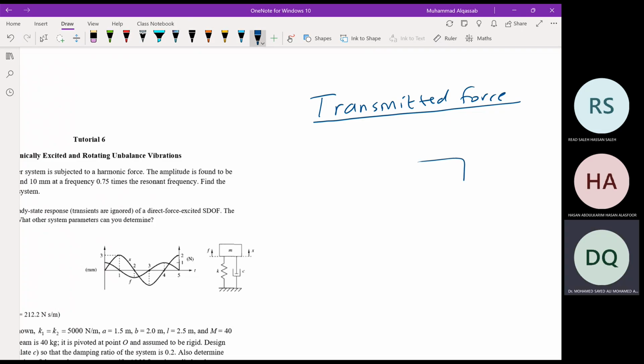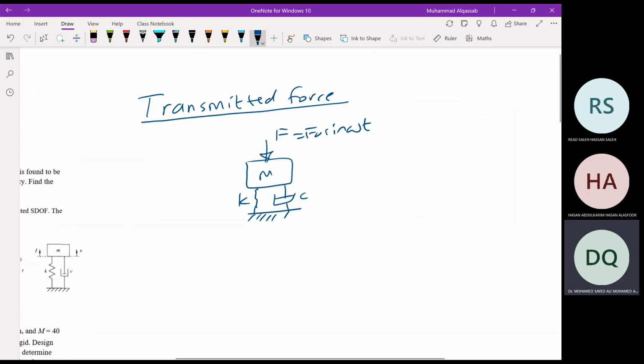If we have a system with spring, damper and mass, subjected to a force F of t equal to F naught sine omega t.